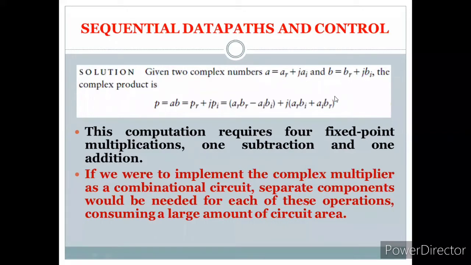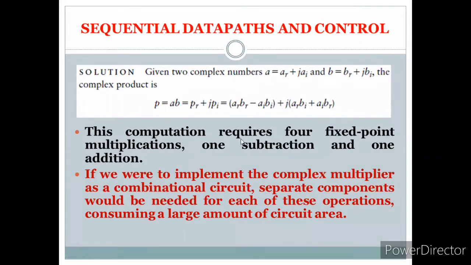If you observe this equation, it has 4 multiplications: 1, 2, 3, 4. So 4 fixed point multiplications, 1 subtraction and 2 additions, or rather 1 addition, but a general addition with the 2 multiplication terms.